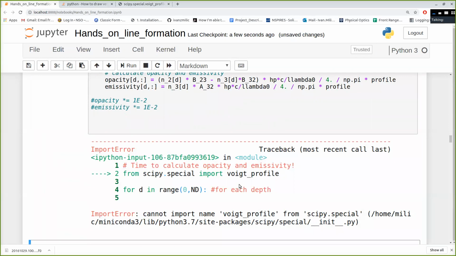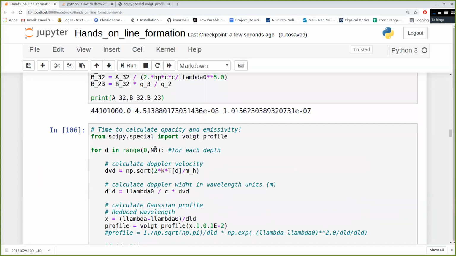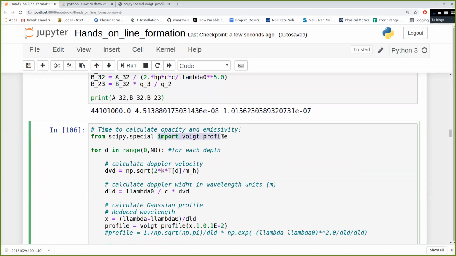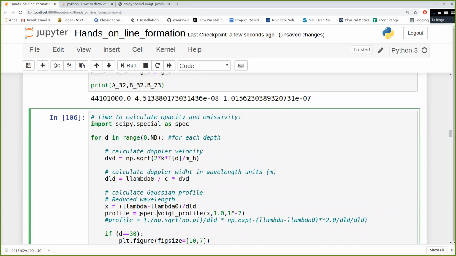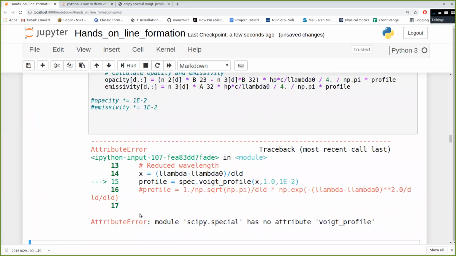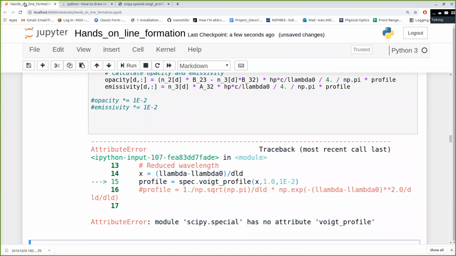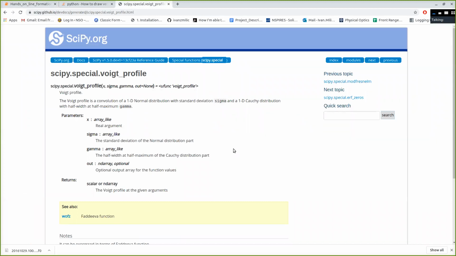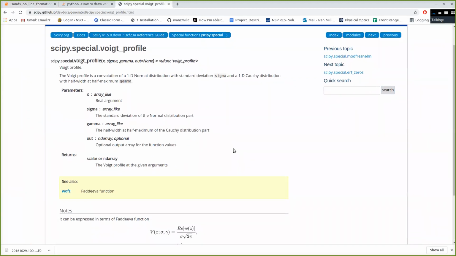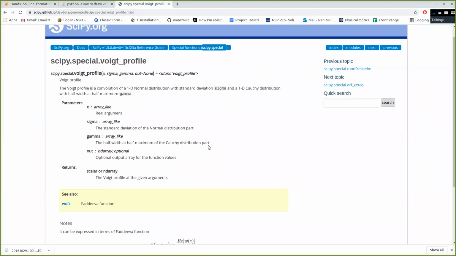SciPy Special. Okay, maybe something like this. Import SciPy Special as sp.